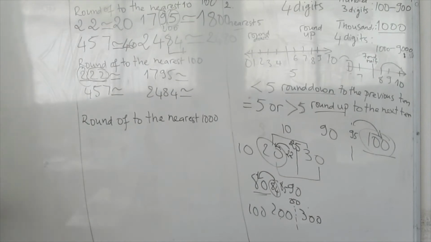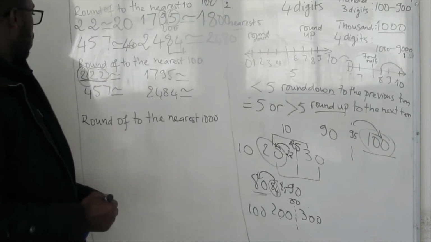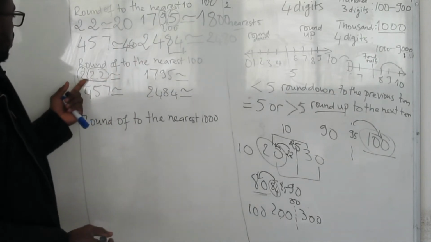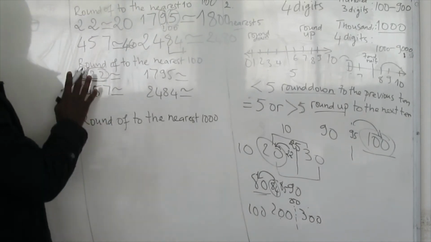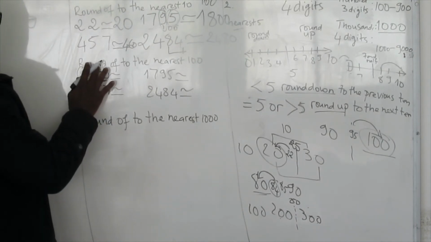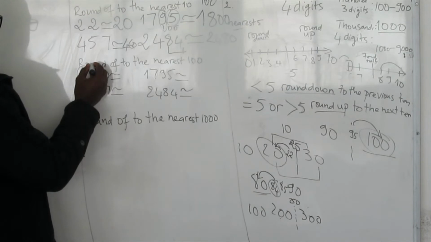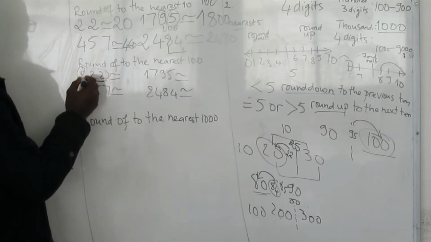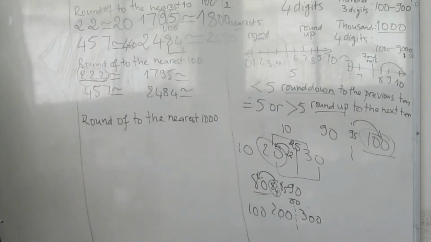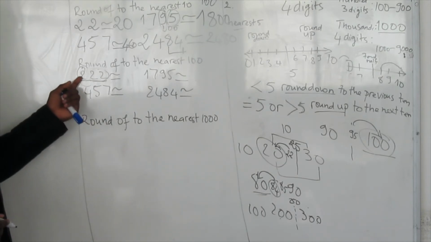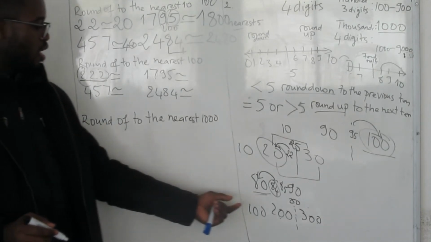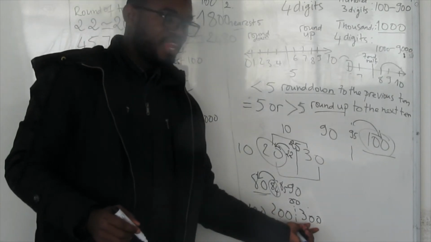So now to round off to the nearest 100, we look at this 3-digit number. The only digit that will change is the third one, our 100 according to the place value. So now 222 is between 200 and 300.